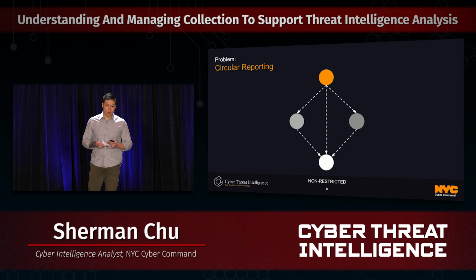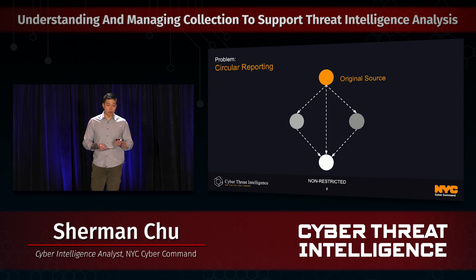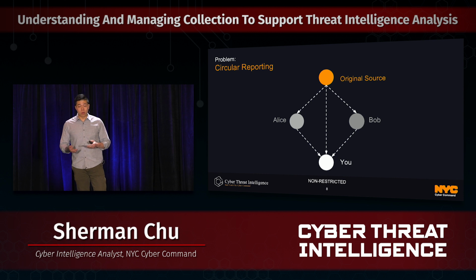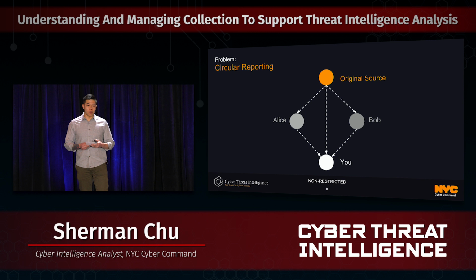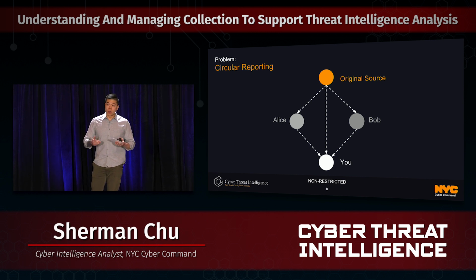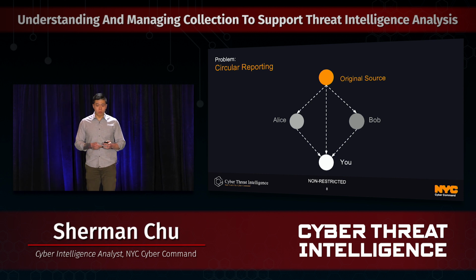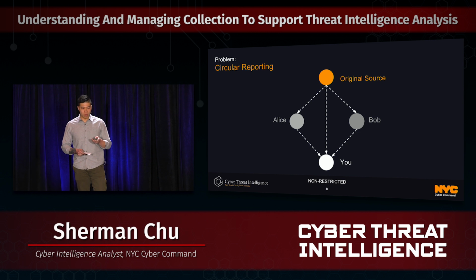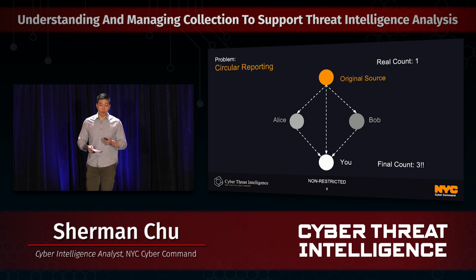All the way up north, as an example, you have the original source, and this original source passes a piece of information to Alice, Bob, and you. Now, you also have perhaps an informal or formal connection with Alice and Bob, and they too pass that information to you, oftentimes obscuring where the original source came from. So now, your final count of that piece of information is 3, but realistically, it's 1.